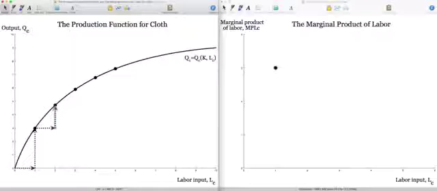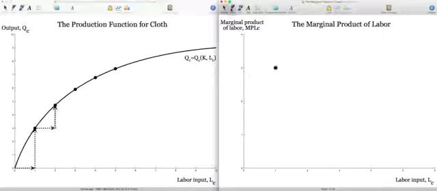So our output goes from 3 to 4.75, so the marginal product of the second worker is going to be equal to 1.75. So if I go over to here, the second worker on the margin is going to give us an output of 1.75.